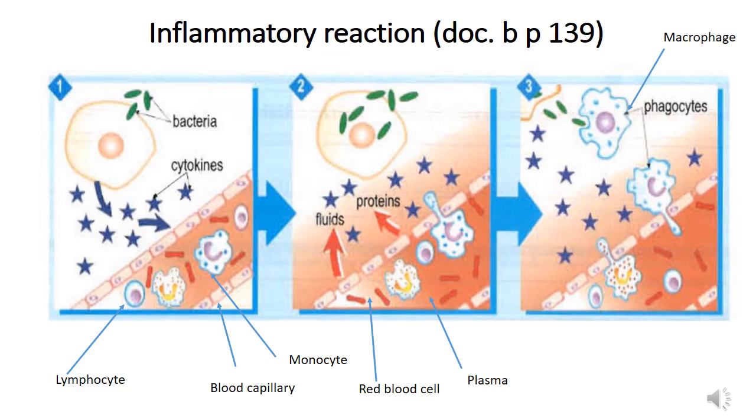In figure 3, you see how the monocyte now is outside the capillary and it has transformed into a bigger cell called macrophage. Also, the granulocyte with yellow nucleus is trying to do the same, and it is also considered a phagocyte. These phagocytes now are preparing themselves to digest the non-self.